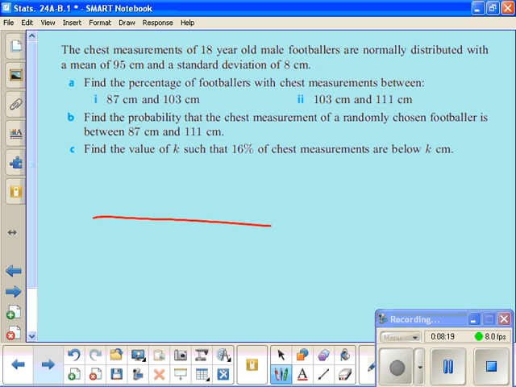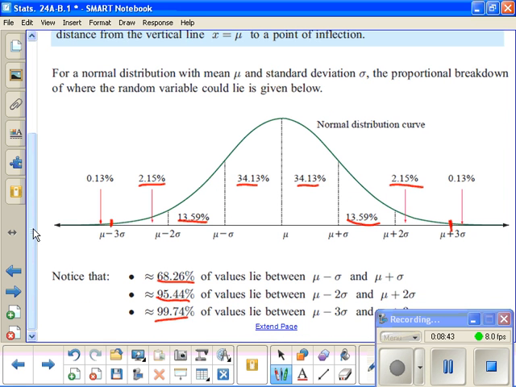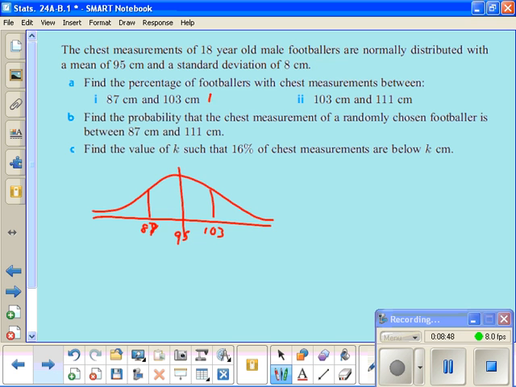If I have a normal curve, and I know the mean is 95, and the standard deviation is 8 centimeters, this is going to be 103, and this is going to be 87. 87 to 103 is going to be these two middle pieces, so that's 68.26% of the data.